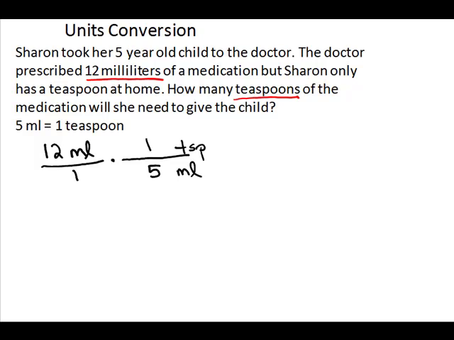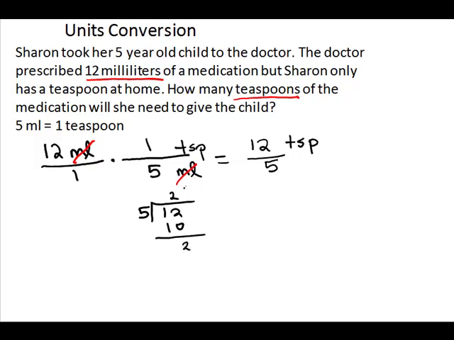Now we're set up. We'll cancel our units, so we're canceling out the milliliters. And so we go across. We have 12 times 1 is 12. And now we are into teaspoons. 1 times 5 is 5. And we need to divide it out. So 5 into 12 will go 2 times. 2 5s are 10.